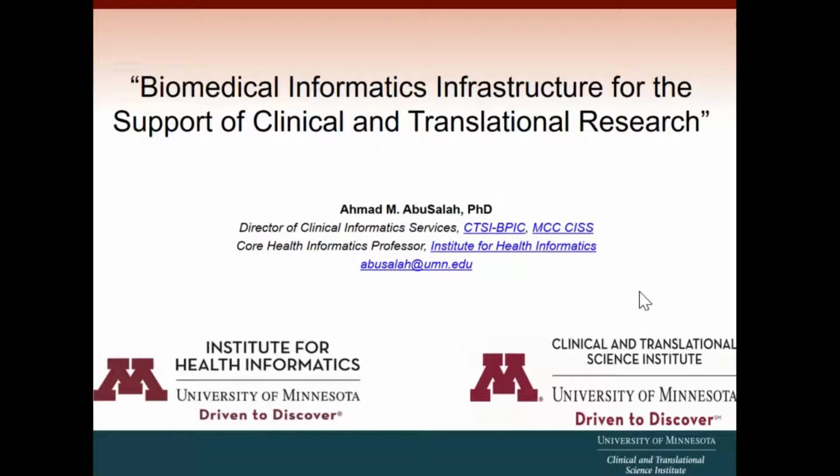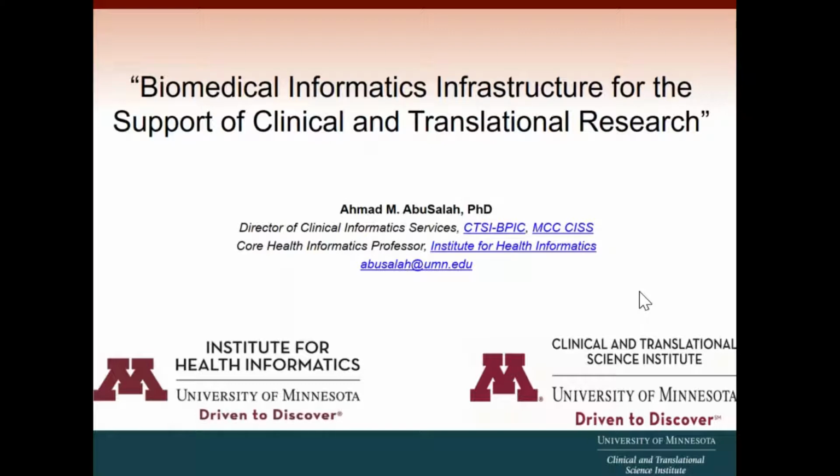But we don't do that activity in isolation within the department, and we're very lucky to have partners at the Institute for Health Informatics, which provides broad biomedical informatics support to the entire university. And as many of you know, that data is really fundamental to both the operational practice of laboratory medicine and pathology, but it's also so crucially important for secondary uses in health research.